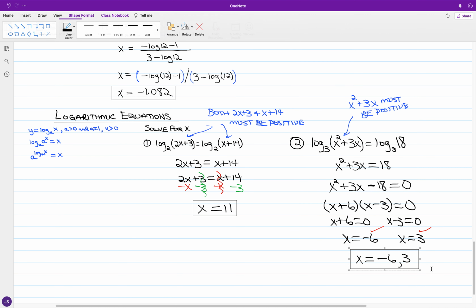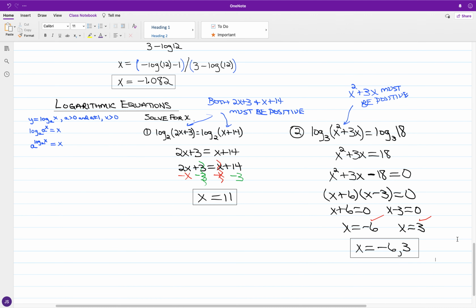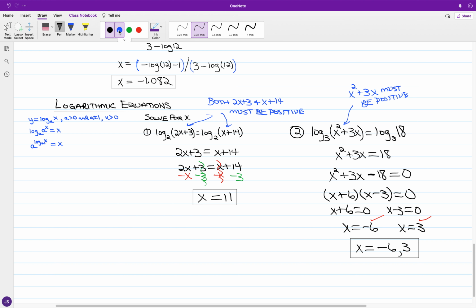Okay, now, let's say that this particular property can come to the scene, and we'll say that we have a third situation here. Let's say I have the base 2 logarithm of x is equal to 4.